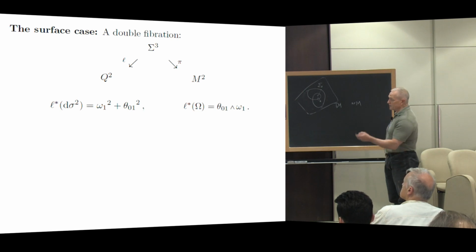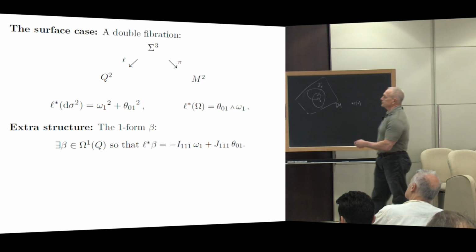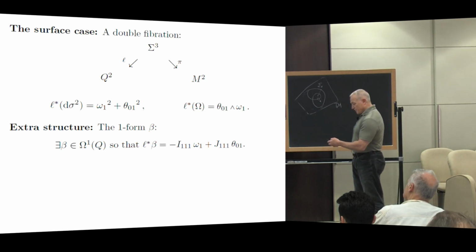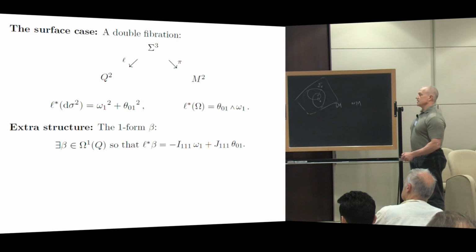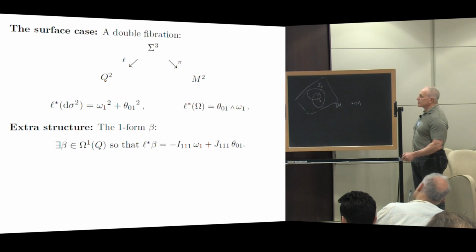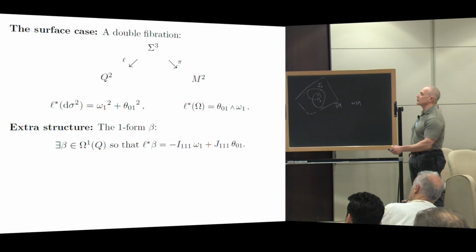The integrability is trivial in this case, but there is an extra structure, which is something we haven't talked about, we haven't really used much: the Cartan tensor, and its covariant derivative, and its exterior derivative, which is J. It turns out that this particular combination is actually basic for Q^2.